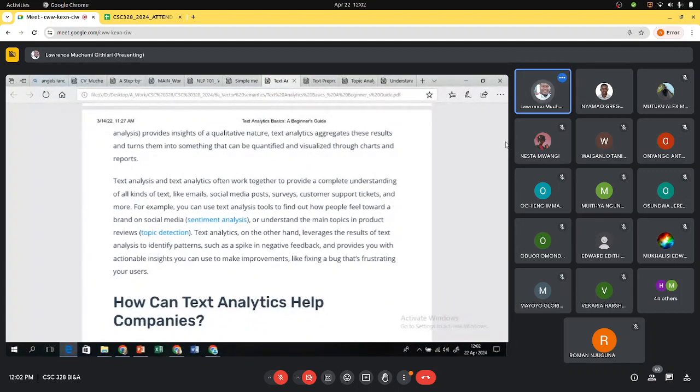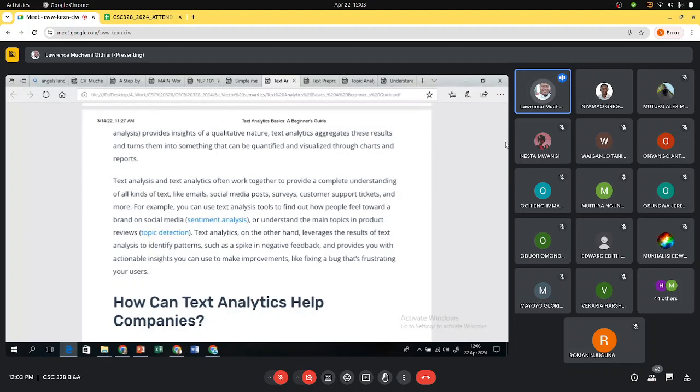Or understand the main topics in some product reviews. We call it topic detection. So sentiment analysis and topic detection, they can be categorized as text analysis.